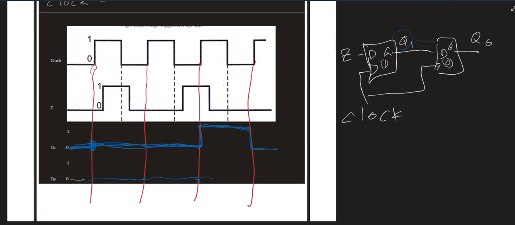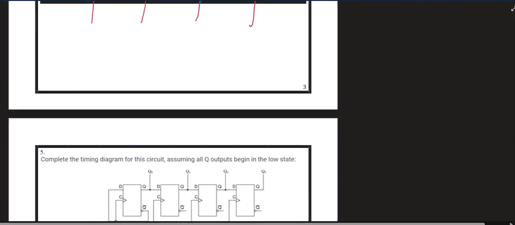Now when it gets here, it's going to go back 1 and look here, and at this point it changed to 1, so it's going to become 1. Questions on that one? All right.